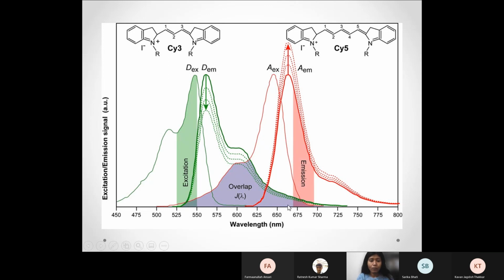The higher the overlap, the greater the efficiency with which, if you excite this molecule, you may be able to excite molecule 2 simply because of the emission from molecule 1.